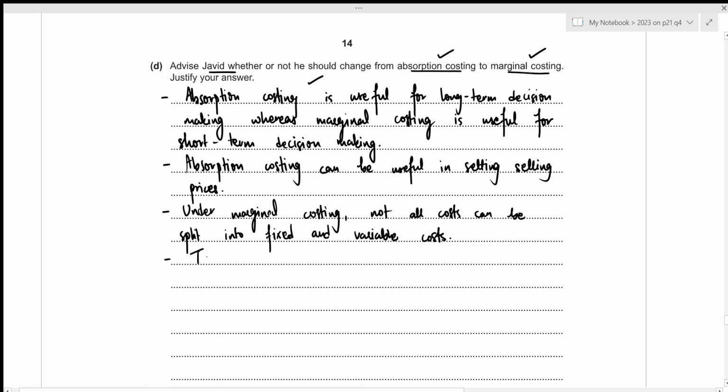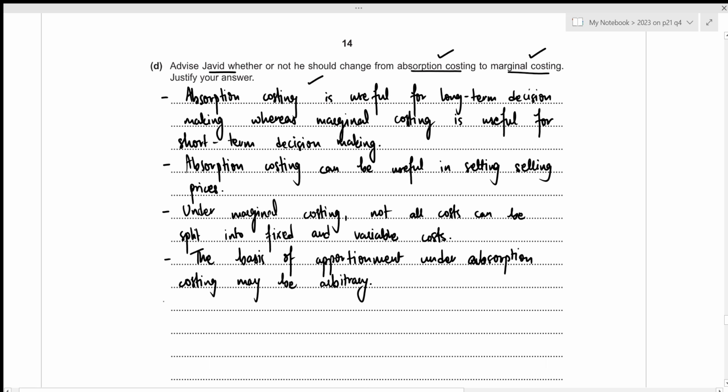So the basis of apportionment under absorption costing may be arbitrary, and for marginal costing we do not have to calculate an overhead absorption rate, so that will act as an advantage.